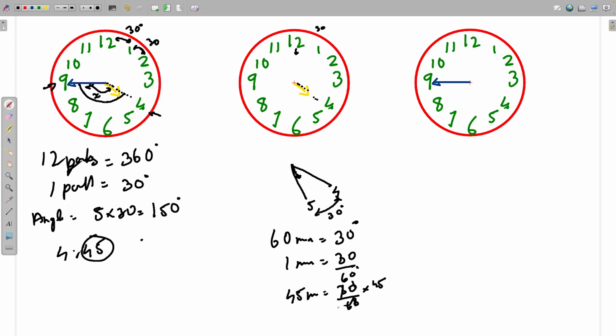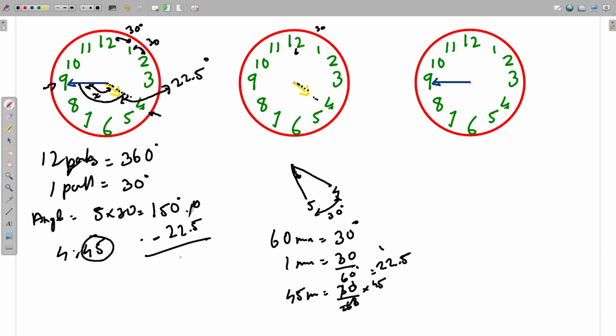And if you calculate this, it is nothing but 22.5, right? And that's it. So what we have understood is this small distance is nothing but 22.5 degrees, which means that from the total amount of 150 degrees I just need to find the difference of this particular value, 22.5.